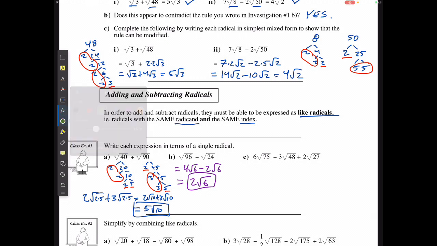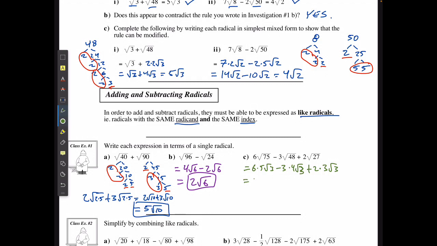In the last case, I'm going to start by simplifying all these. Well, 6 root 75 is going to be the same as 6 times 5 root 3, minus 3 times 4 root 3 when I simplify the radical, plus 2 times 3 root 3 when I simplify this.